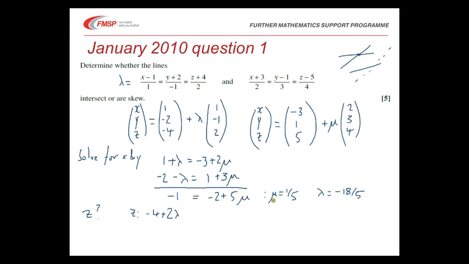Substituting in lambda is negative 18 over 5, this is going to equal negative 56 over 5. And similarly, I can substitute mu here into 5 plus 4 mu, and I get 5 and 4 fifths.